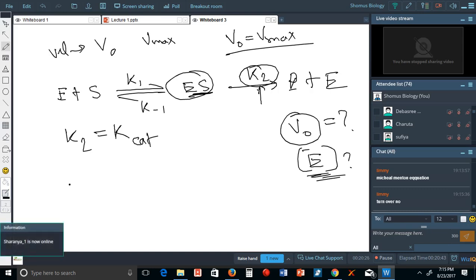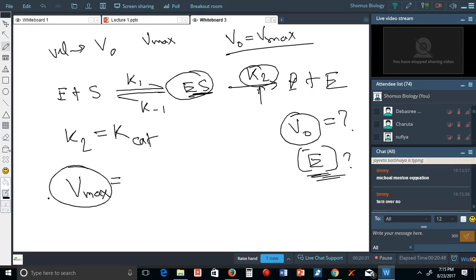Now imagine how to calculate the maximum velocity. We know the maximum velocity, or the velocity of the enzyme reaction, depends on two things. What are those things?